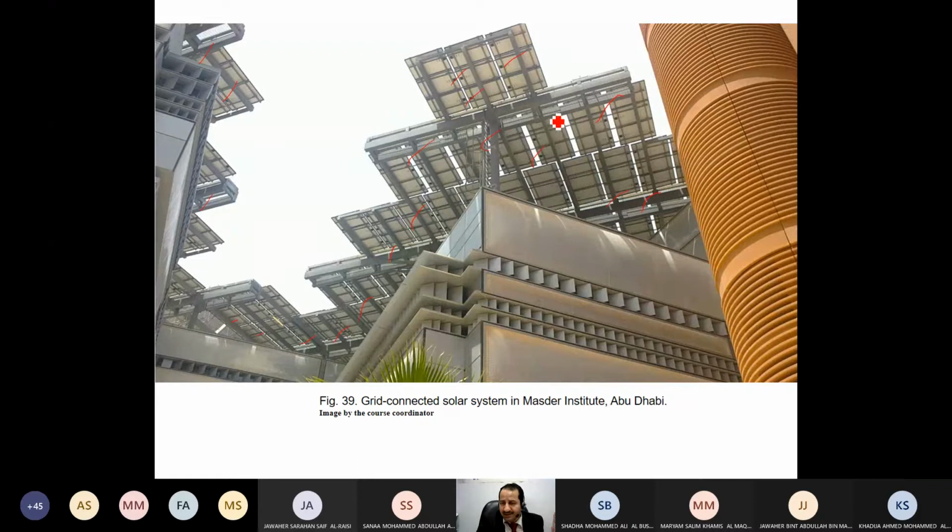It doesn't only generate electricity and give a good shape to the building, but it also makes a shadow on the building. The shadow reduces the building temperature, and this reduces how much cooling we need inside the building, so it is reflected positively on energy consumption.